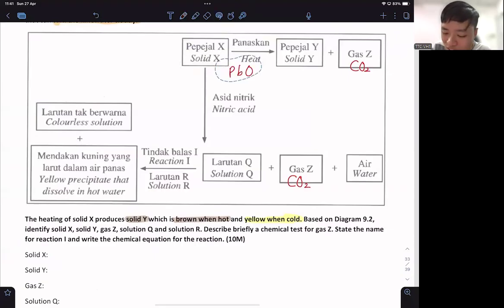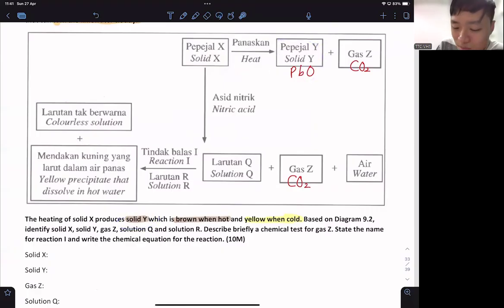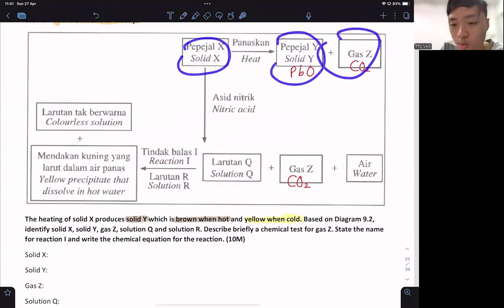Why is PbO? Sorry, I flipped it around. No wonder I felt a bit strange. So what is X? When I heat X, I will get PbO and CO2.